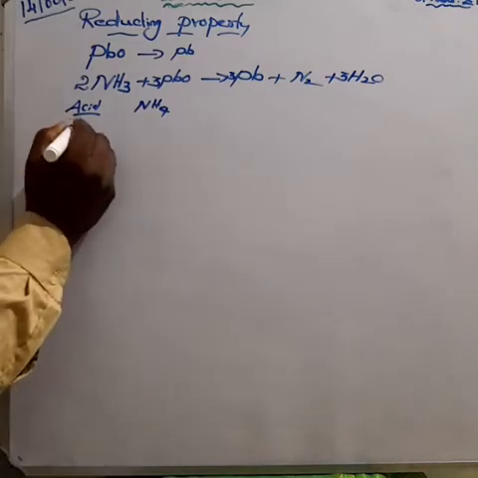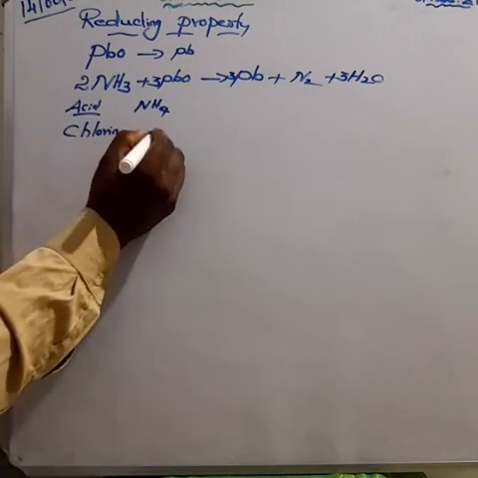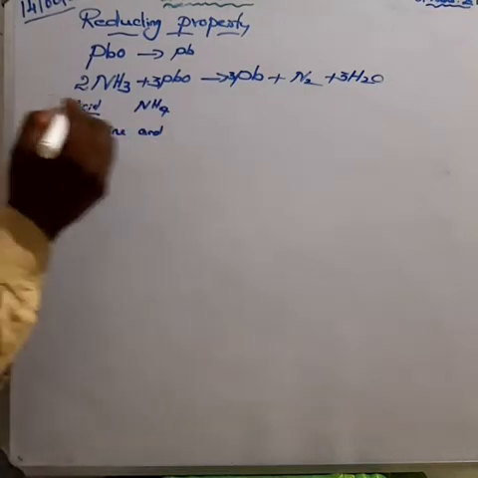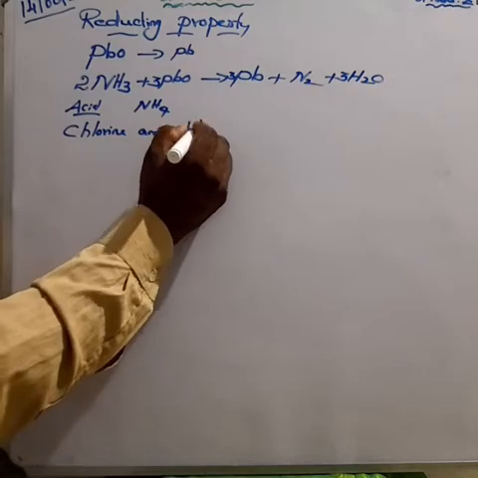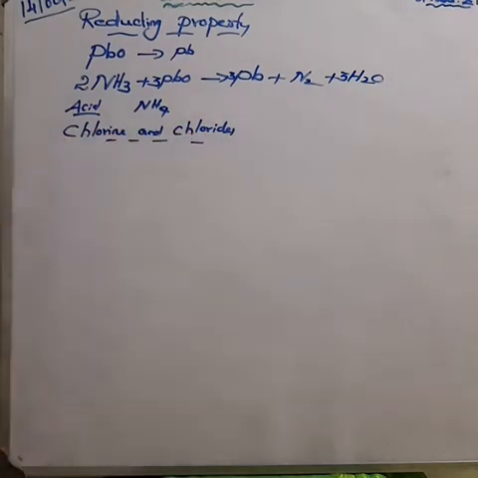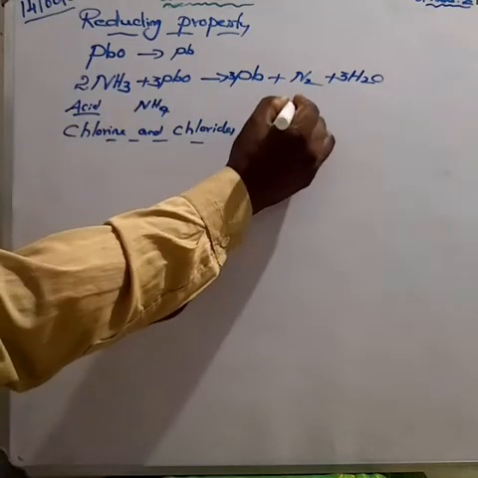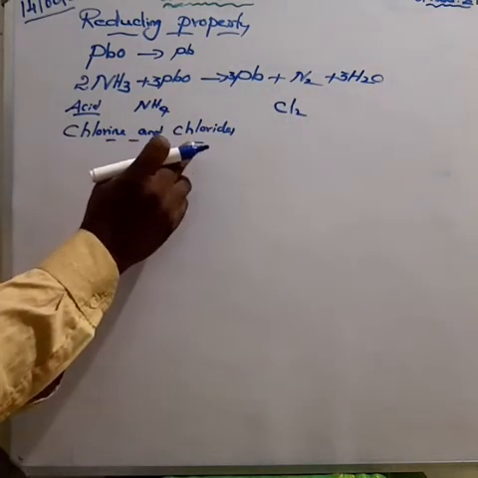Next, the reactions with chlorine and chlorides. Ammonia reacts with chlorine, and ammonia reacts with chloride. Can you understand the difference? Chlorine means Cl2.